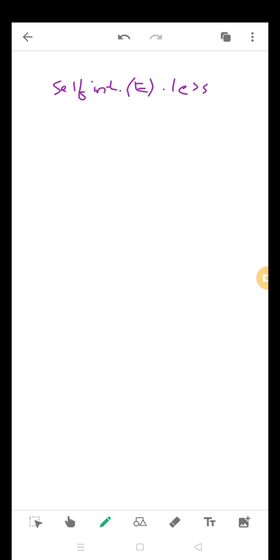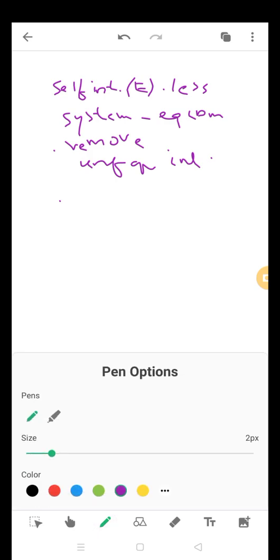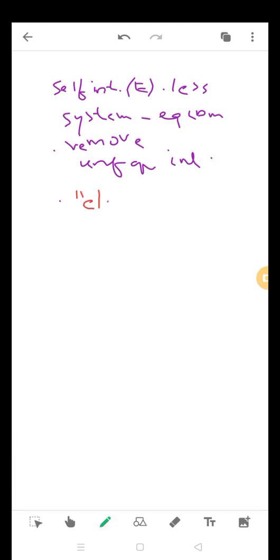Therefore, a system, as it always tries to be in equilibrium, will try to remove unfavorable interactions, and the most unfavorable interaction takes place on the surface, so it will always try to eliminate the surface.